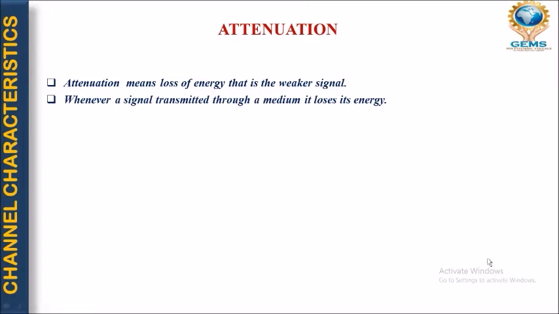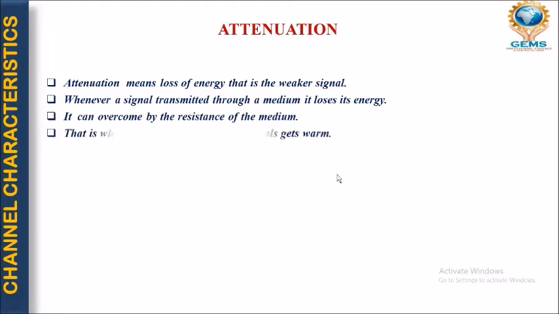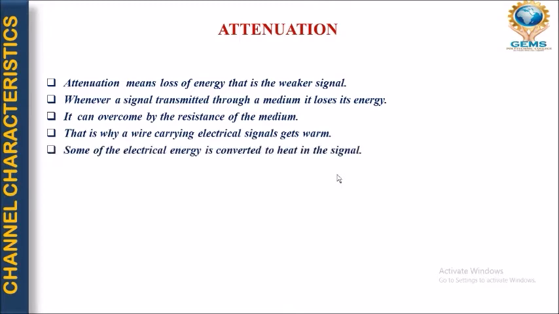Whenever a signal is transmitted through the medium, it generally loses energy. Why does it lose energy? Because there is some resistance in the medium. Due to this resistance, the electrical signals being transmitted get warm, meaning the electrical energy is converted into heat, and due to this heat there is a loss of signal.